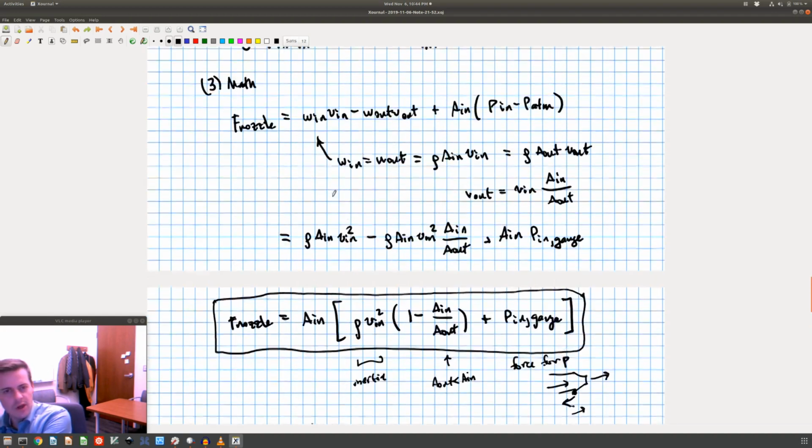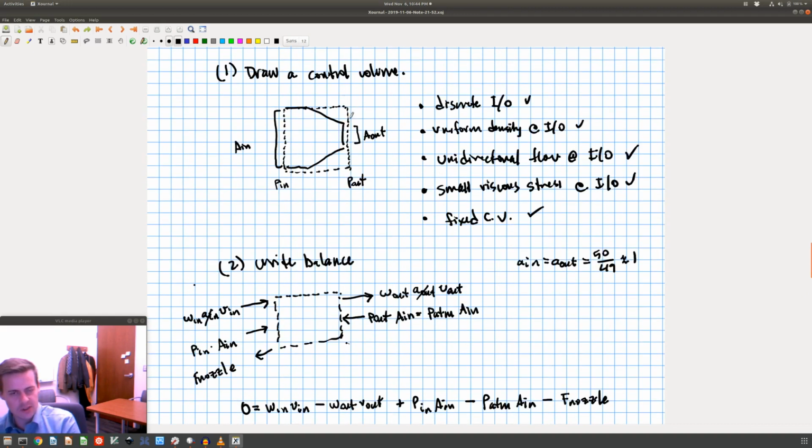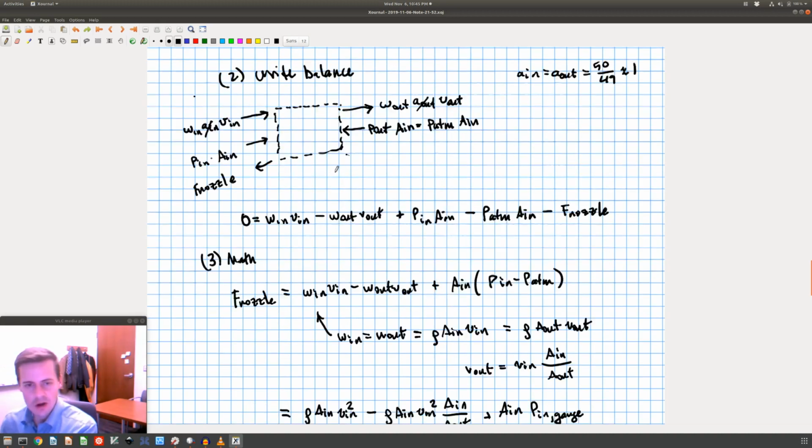But if I do a control volume on the outside of the nozzle, I'm also going to get the forces from the atmosphere and other parts on the outside of the nozzle. So you need to be careful about what the question is asking in order to make sure that you know whether it's asking, say, for the net force or the other force, and make sure that you draw your control volume appropriately. All right, I think that is all I have for you.